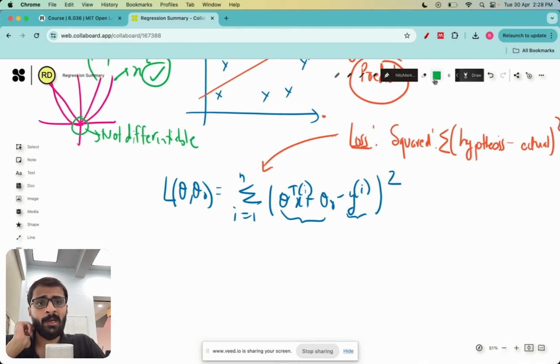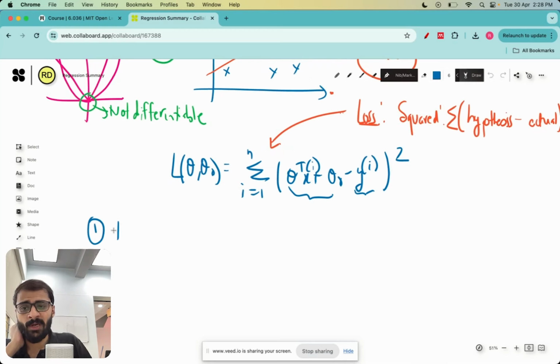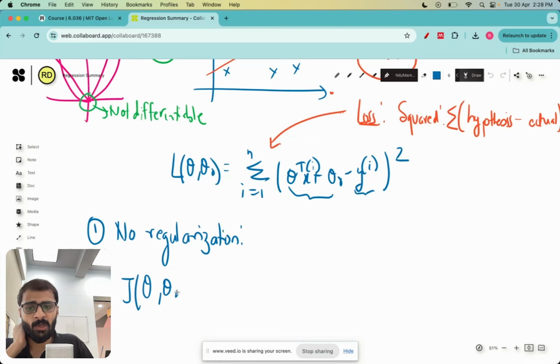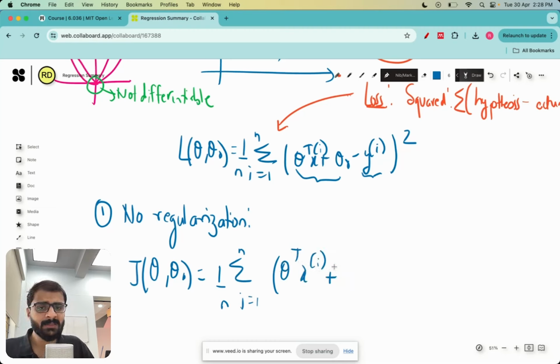Okay. Now let's move to the objective function. Case 1 is no regularization, where the objective function J then just becomes our loss function, which is equal to 1 by n, sigma i goes from 1 to n, theta transpose xi plus theta naught minus yi, the whole square.